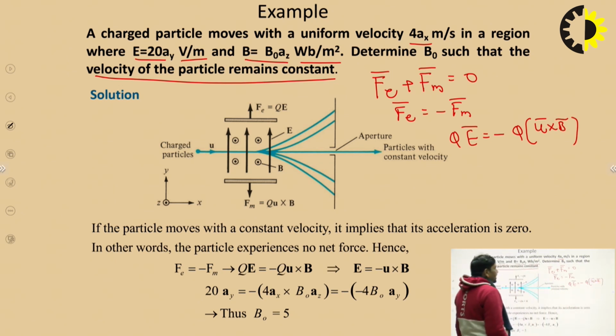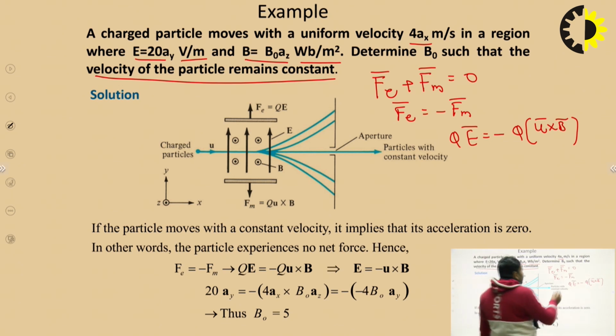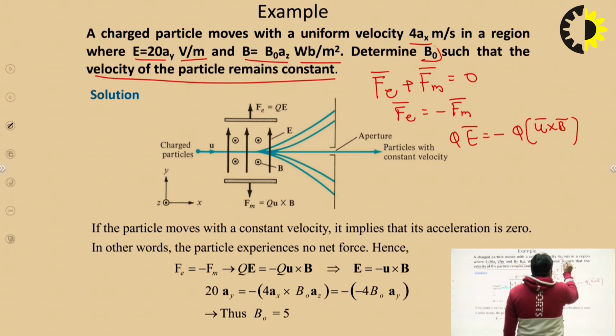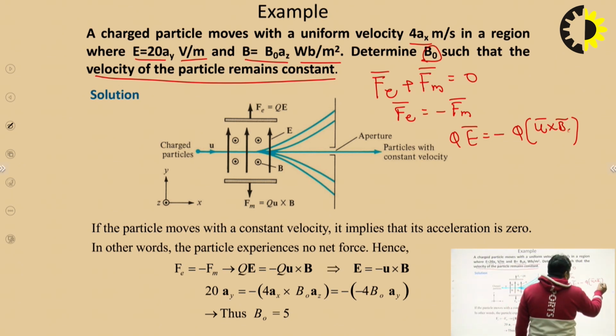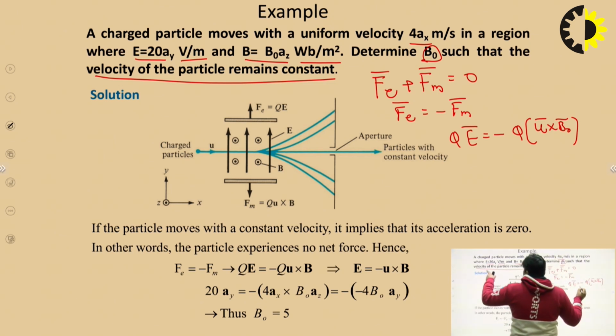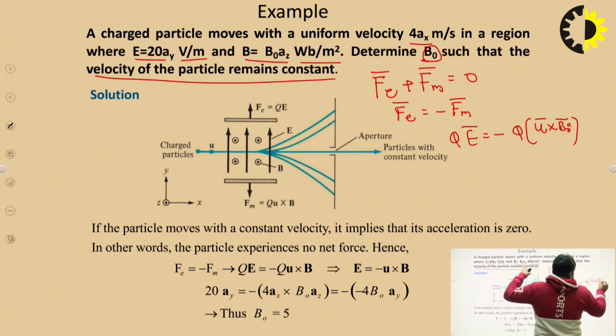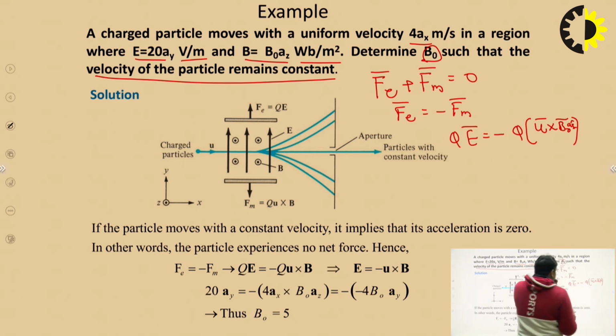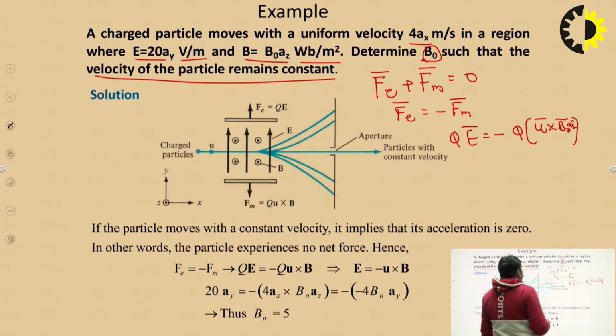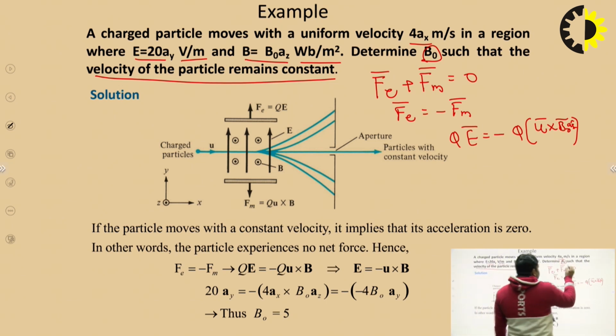So in your question, the magnetic flux density is B naught and u is the velocity. B is defined as B naught az, so we put B equal to B naught az and u is defined as 4 ax, this is the velocity.